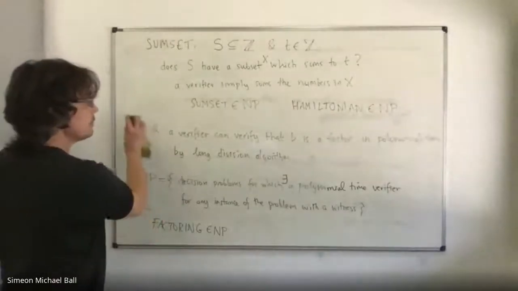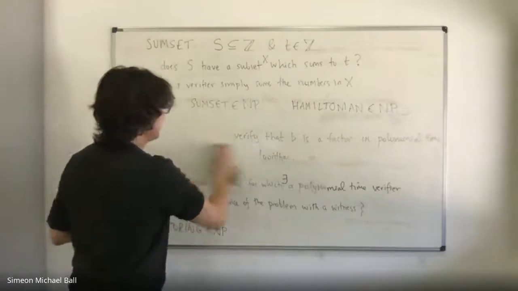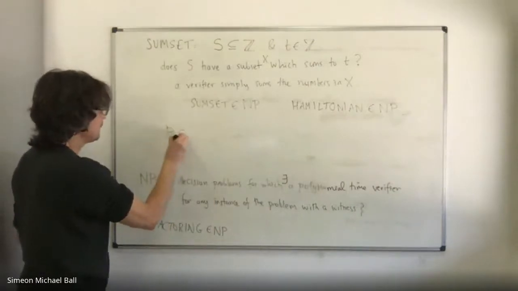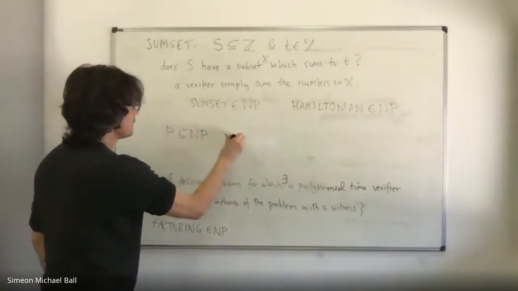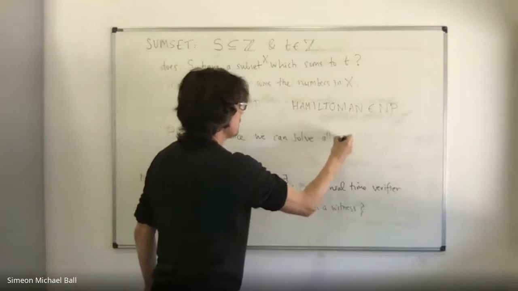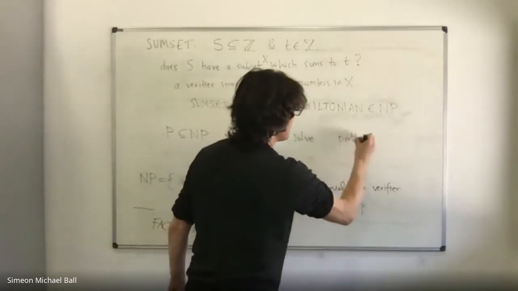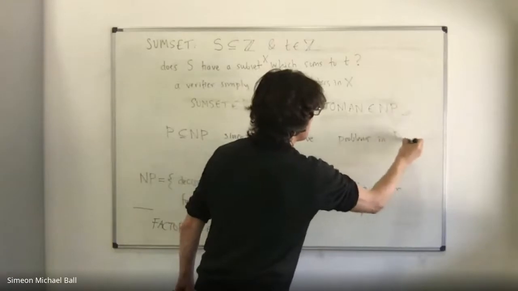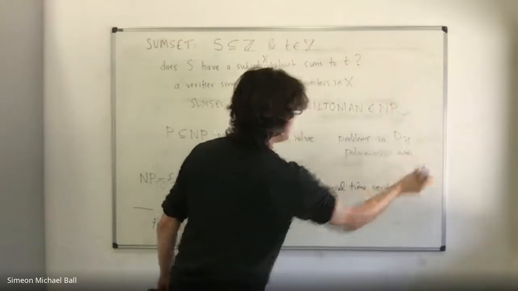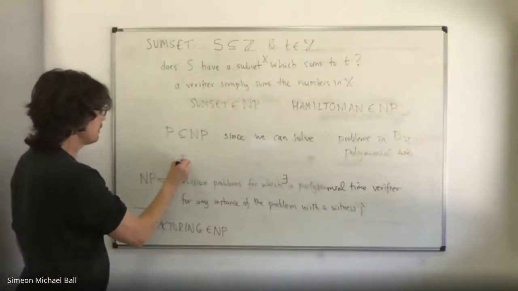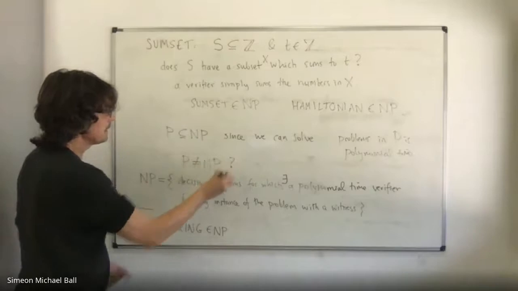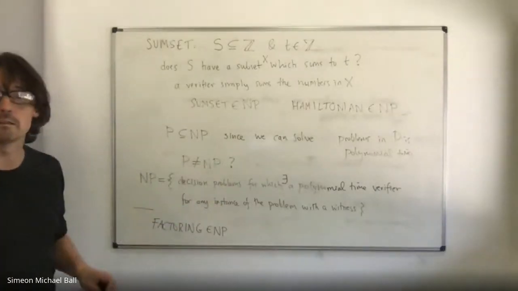As you all know, of course, P is contained in NP, since we can solve problems in P in polynomial time. And the literal million-dollar question is whether they are equal or not, so whether there are problems in NP which are not in P.